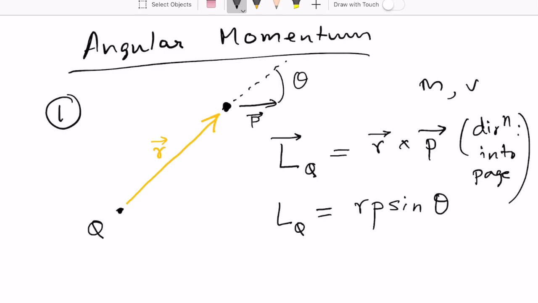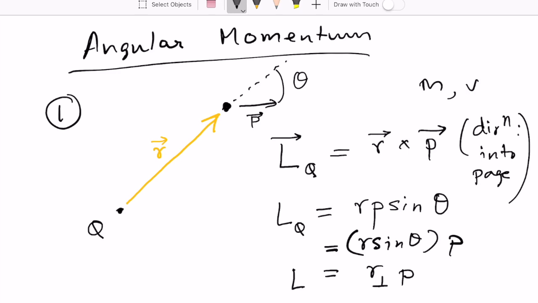So the magnitude of the angular momentum vector is rp sine theta. And just like we did in the case of torque, you can write this as r sine theta multiplied by p. R sine theta might ring a bell from earlier on in this chapter. It's just the lever arm of the momentum vector.